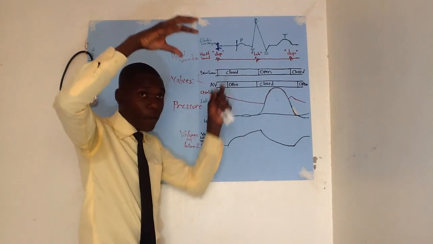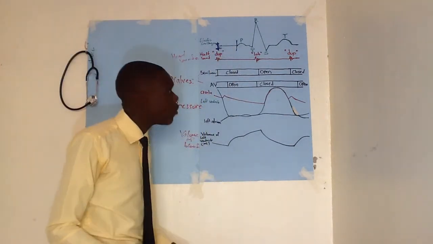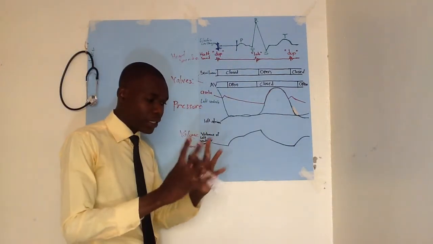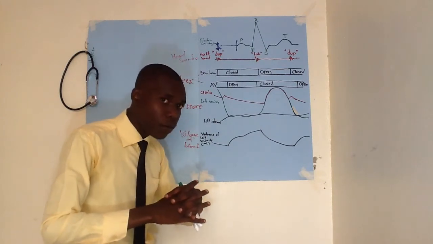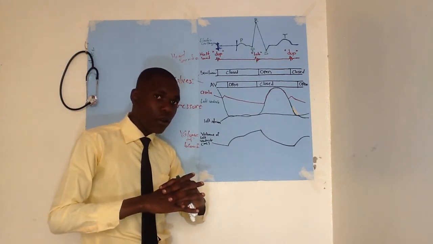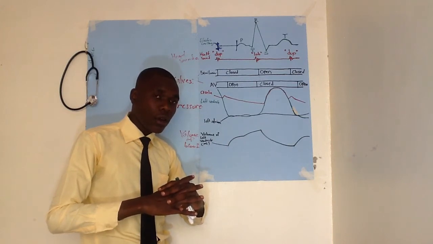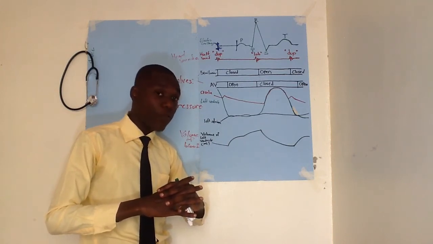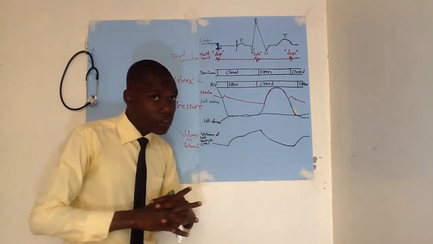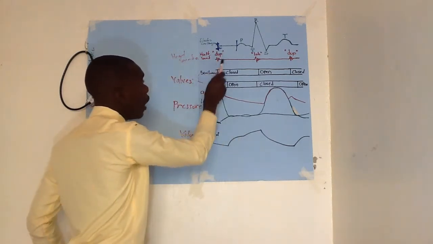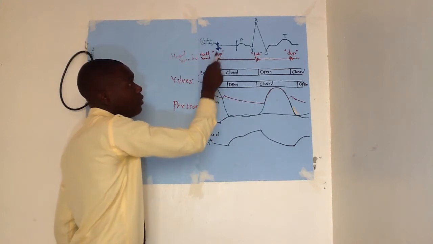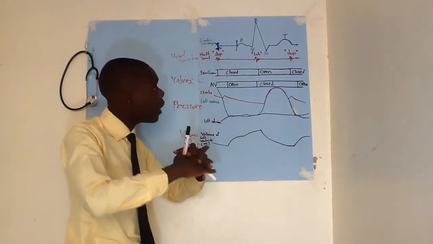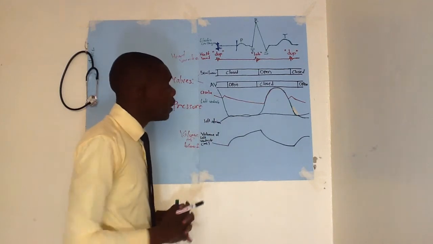As it tries to come back to the ventricles, it is going to shut the arterial valves, that is the pulmonary valve and the aortic valve. When they are shut closed, they will make that sound dub. So that's why we have our heart sound here, dub.